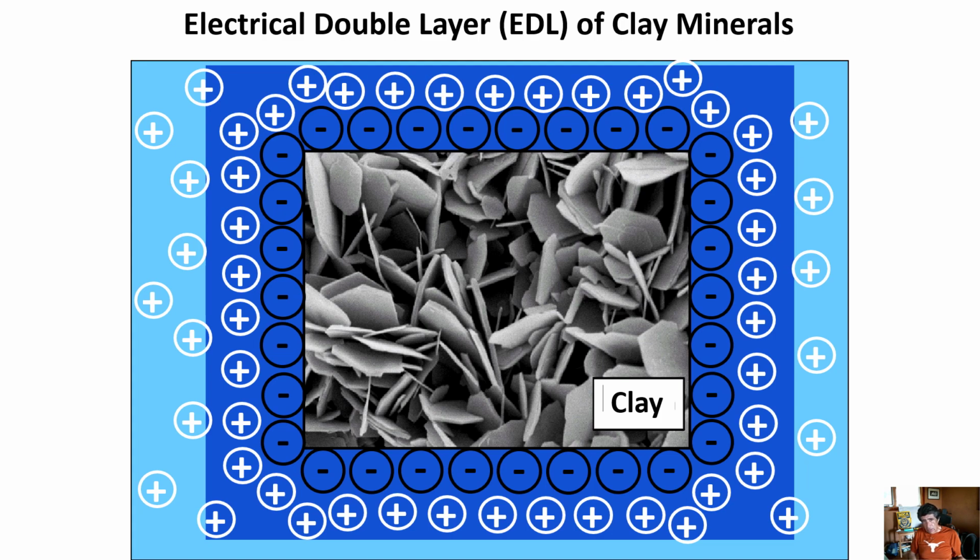And this essentially creates, the double layer creates, an alternative path for electrical conduction of currents when enforced in rocks.